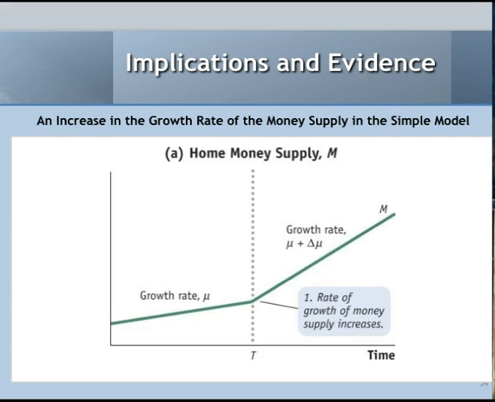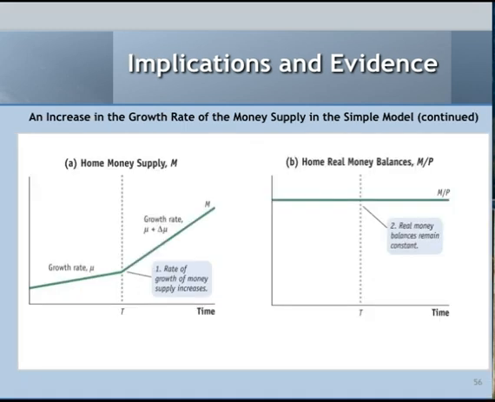So again, since the rate of change is changing, we would expect the slope to change at time t, and it does. Right at time t, the slope begins to increase, and this represents the new growth rate of the money supply. Notice it's increased. It's steeper. Real money balances, on the other hand, have stayed constant, even at time t, when the money supply changes.